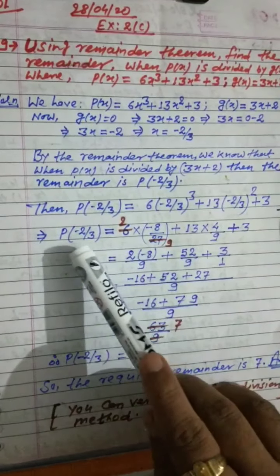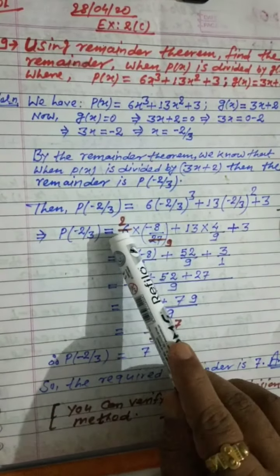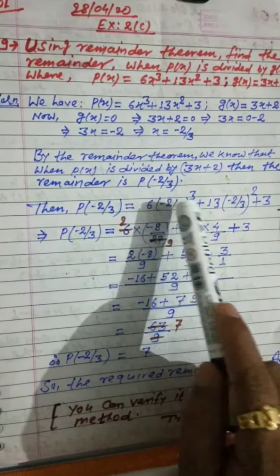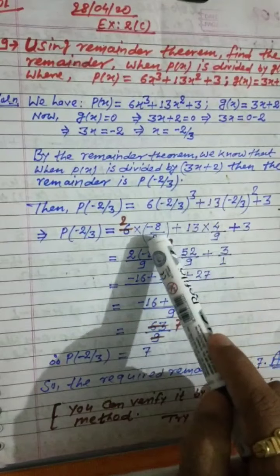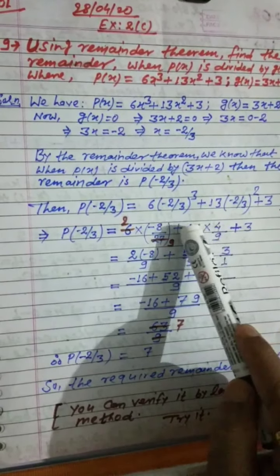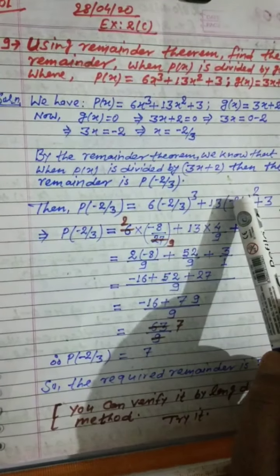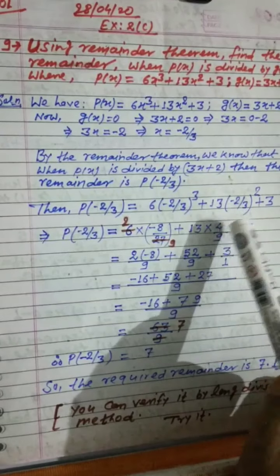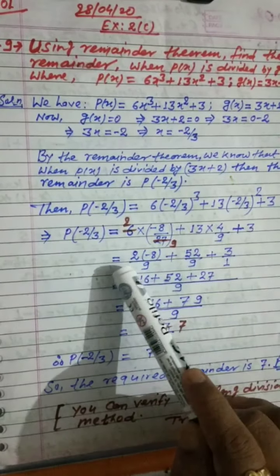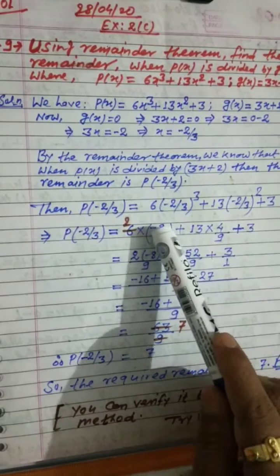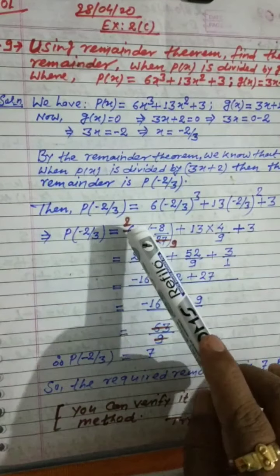Now p(minus 2 by 3) will be equal to 6 and the cube of minus 2 will be minus 8 and the cube of 3 will be 27, plus 13 into the square of minus 2 will be plus 4, the square of 3 will be 9, plus 3. So it will be equal to 2 into minus 8 upon 9, after cancelling.